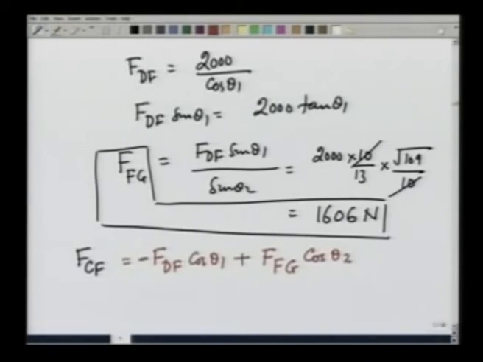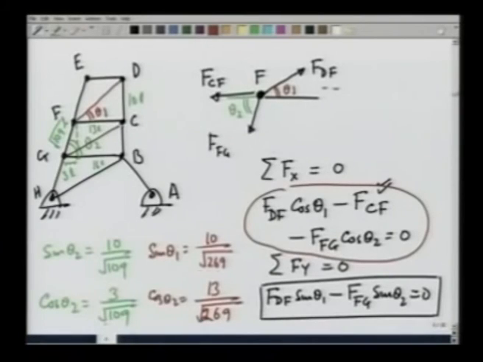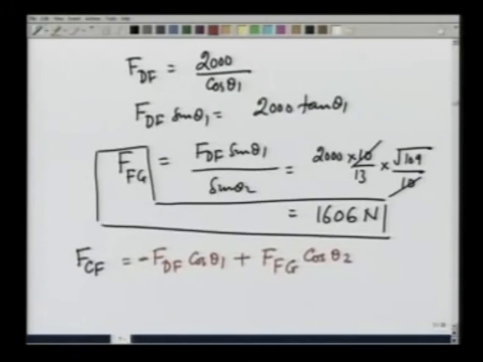You plug in the numbers. F_DF cosine theta 1 we already know is 2000. So, did we get the sign right? Let us check that. We have plus and minus. So, this is plus and this one is minus, so the direction that we have anticipated is already correct.